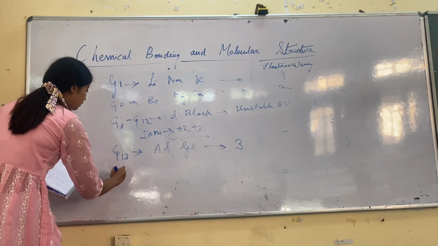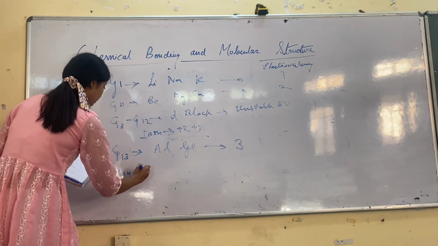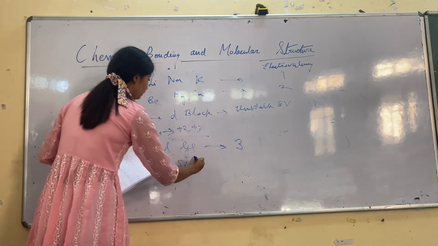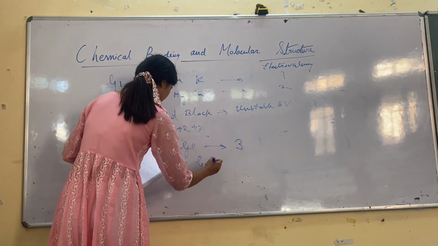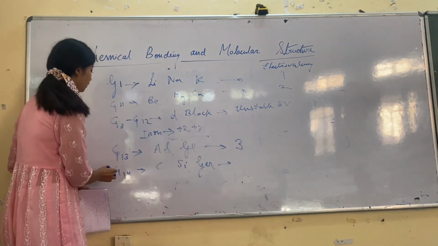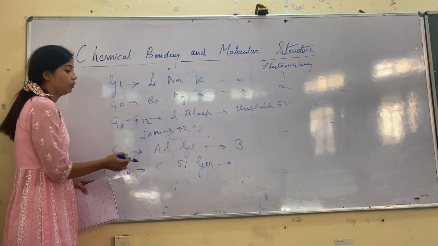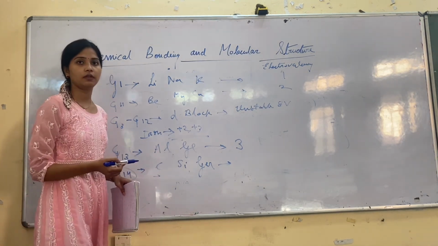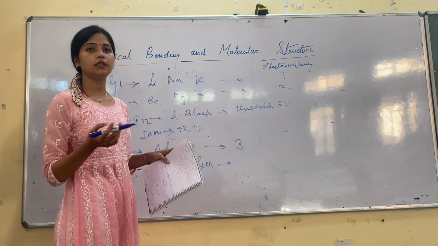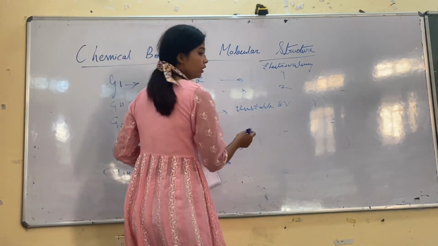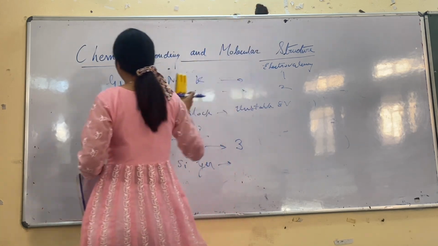Group 14, carbon. These group 14 elements don't form ionic bond. They share electrons. They form covalent bond. So they don't have any electrovalency. Now we are going to start with group 15.